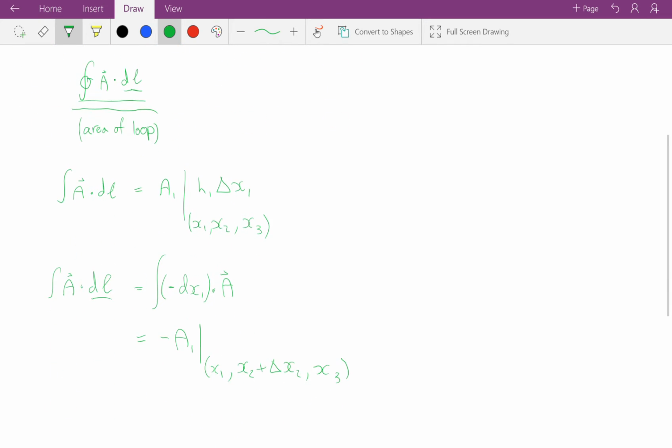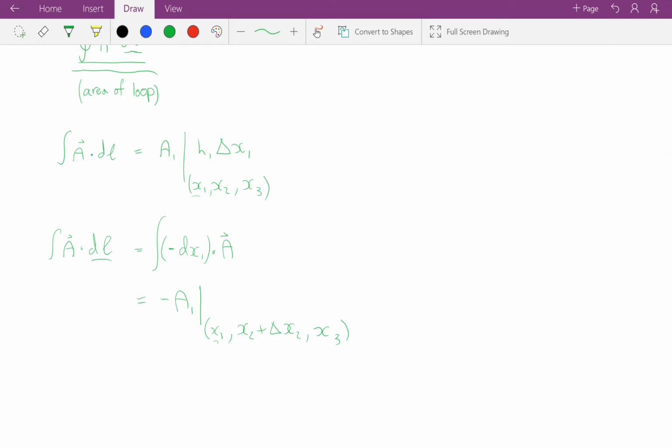And again, because it's constant along that x1 direction, because we've got a really tiny length, it doesn't matter whether it's x1 or x1 plus delta x1. We'll make it just x1 in both cases, so that what we end up with is something that kind of looks like a partial derivative. So let's go ahead and add these two components together, and we also need to multiply by the length of this component, which is h1 delta x1.